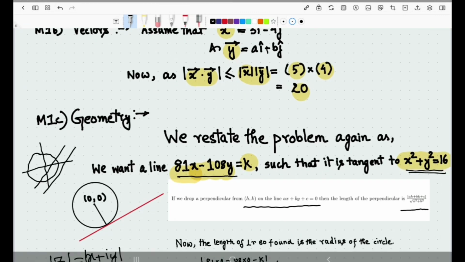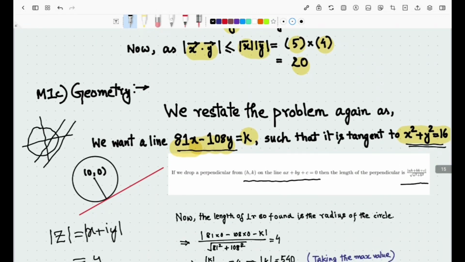Now for the third method, I have restated the problem in coordinate geometry. I just assumed that there is a line, 81x minus 108y, and I assume that it is equal to k, for any value of k. And now what I know is that x squared plus y squared is equal to 16, that is, the modulus of z is equal to 4.